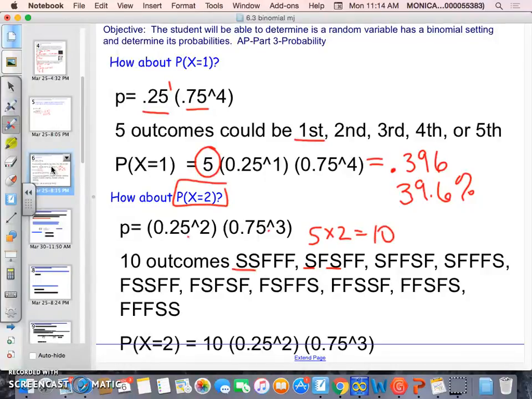So you're going to have 10 possible outcomes, which is where this comes in here. And then you're going to multiply it by the percent of success, raised to the 2. So 10 times 0.25 raised to the 2nd times 0.75 raised to the 3rd. Don't forget to scroll over. So this is equal to 0.264 or 26.4%.